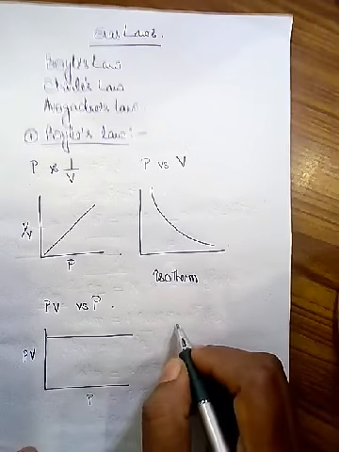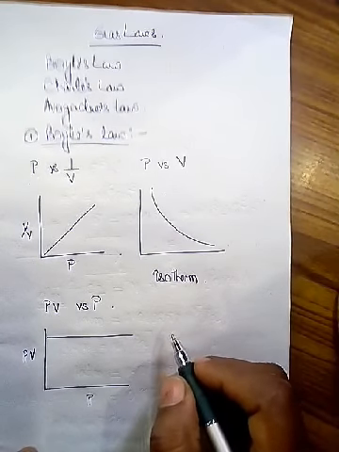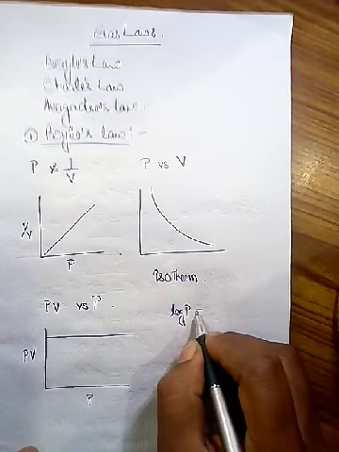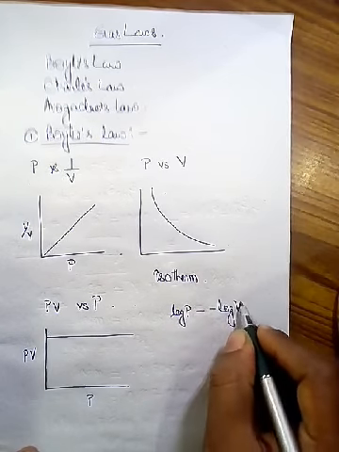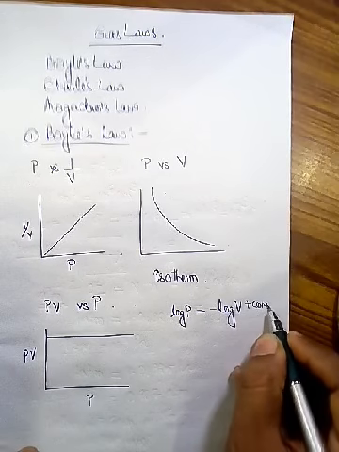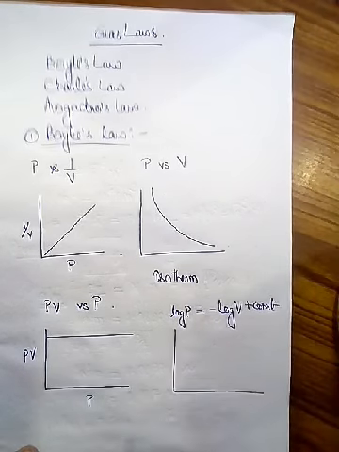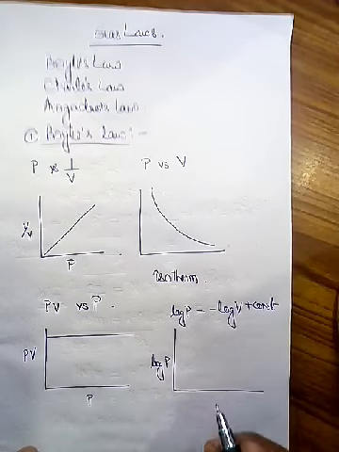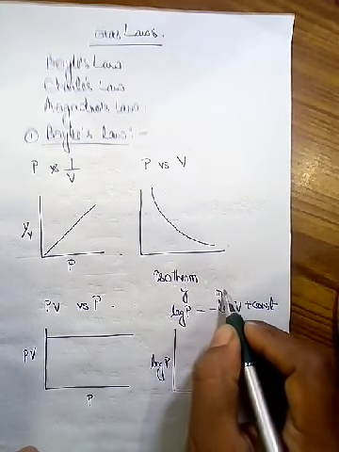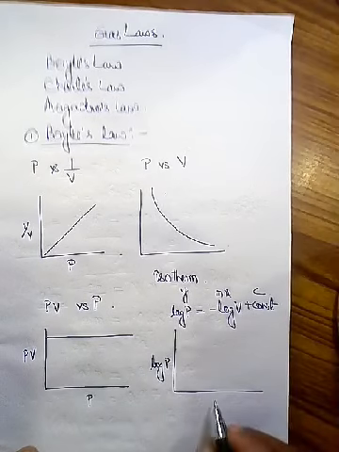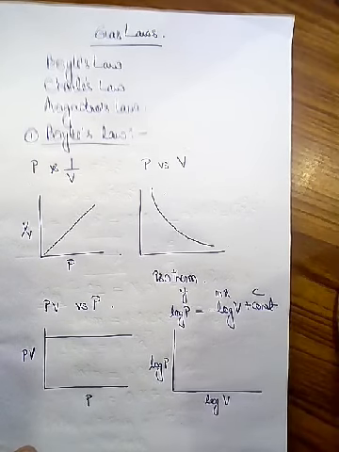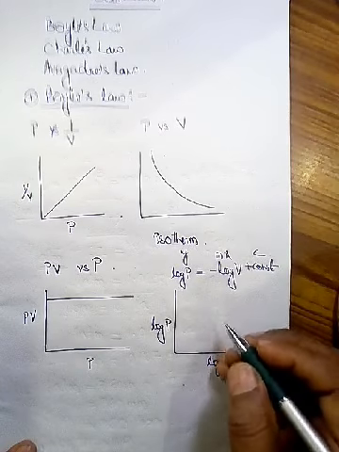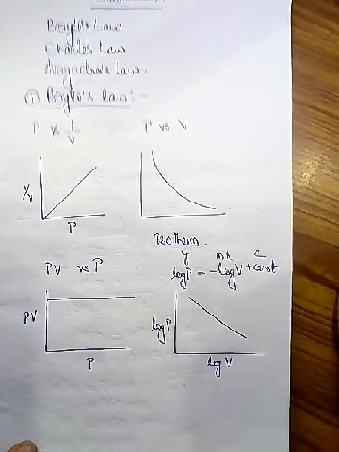Now, when we want to plot a graph by taking the log, that is log P equal to minus log V plus constant, log P will be taken on y, and log V on x, and then with negative slope we will get a curve like this.